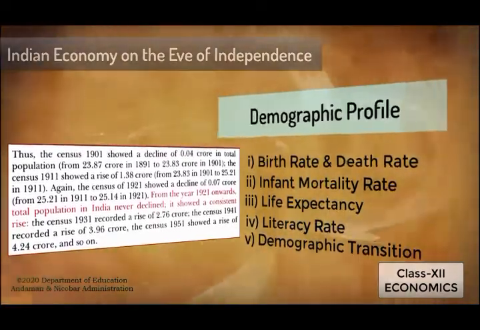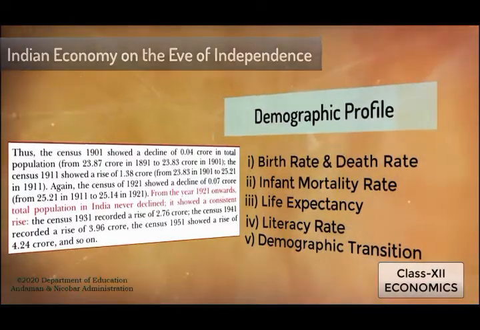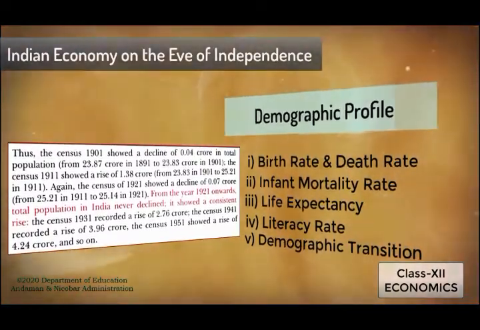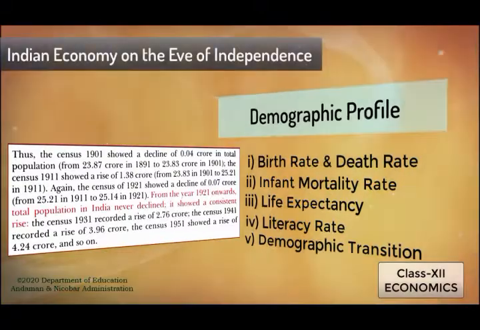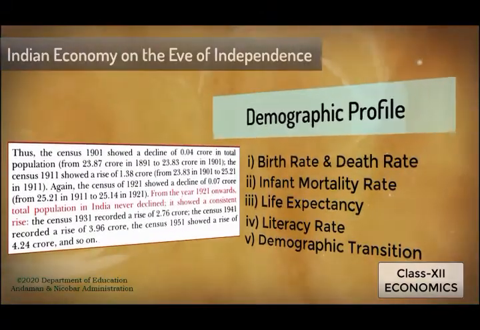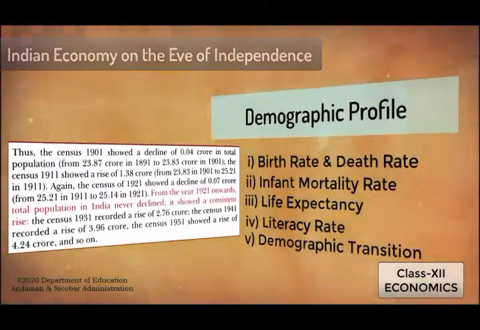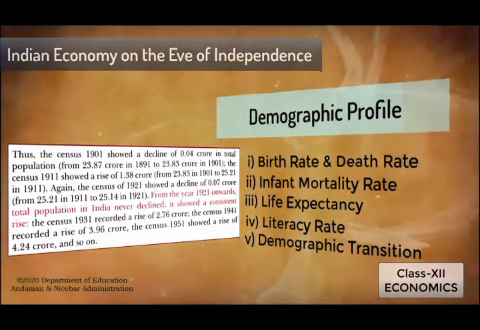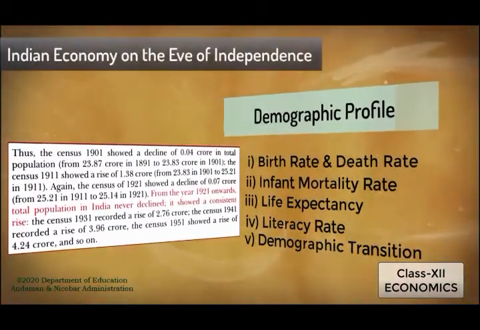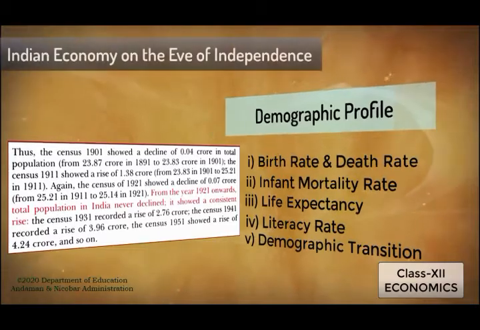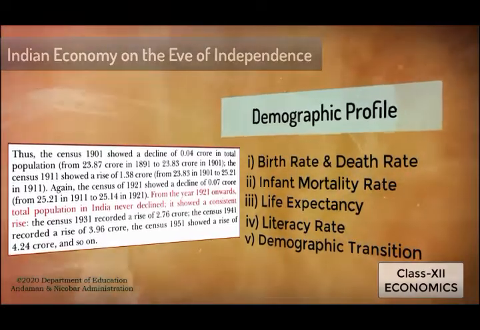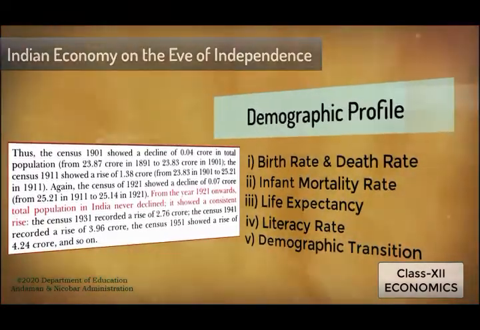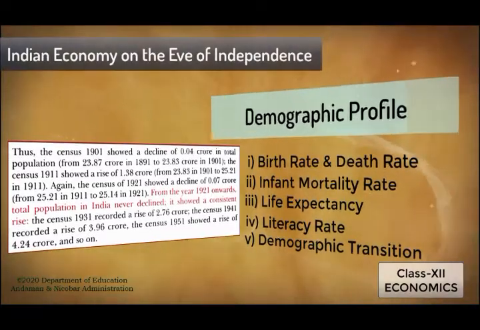The census of 1911 showed a rise of 1.38 crore, from 23.83 in 1901 to 25.21 in 1911. And again, the census of 1921 showed a decline of 0.07 crore, from 25.21 in 1911 to 25.14 in 1921.